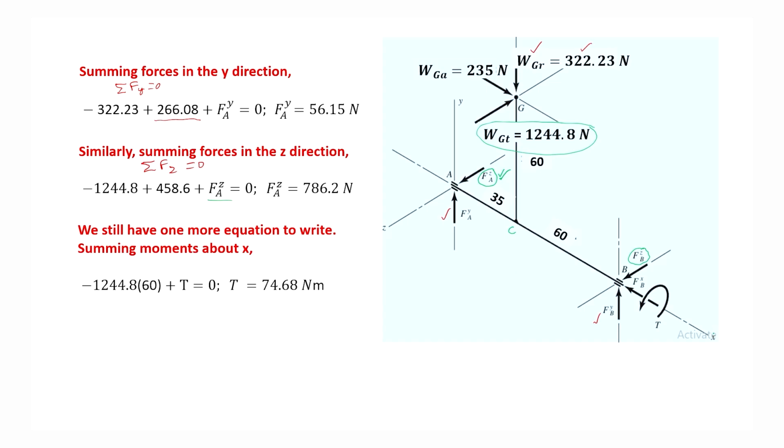So, we are viewing from the x-axis, then in the clockwise direction, and so the reactionary torque will be in the anti-clockwise direction, and from that we got the torque which will be transmitted by the shaft of the gear is 74.68 Newton meter.